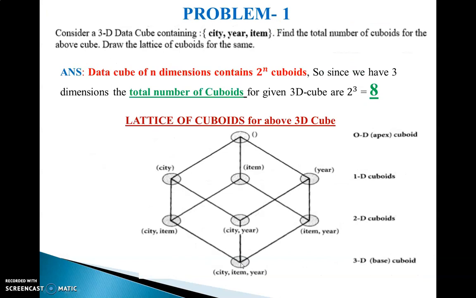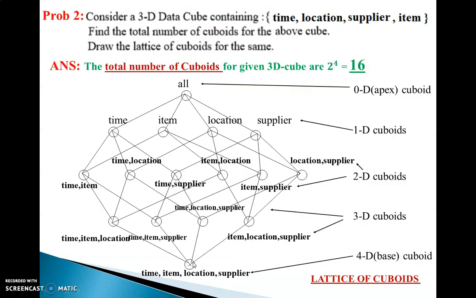So this is how you get the 4-dimension cuboid, your base cuboid. So this 16 is 1, 2, 3, 4, 5, 6, 7, 8, 9, 10, 11, 12, 13, 14, 15, 16.